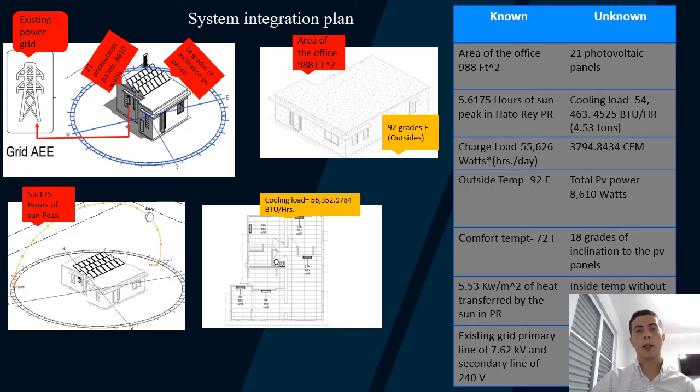And the unknown data, we have the analysis of 21 photovoltaic panels, the cooling load, the calculated CFM, the total power provided by the PV panels, the inclination of all the PV panels, and the inside temperature without HVAC. In this part, we have the trajectory of the sun at the house.